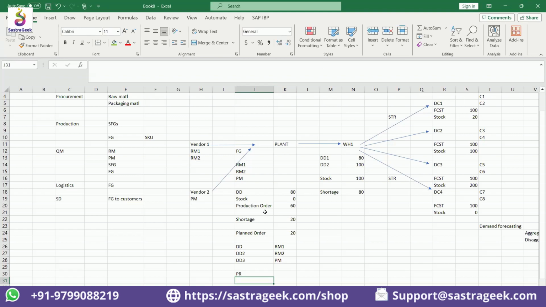This part is in the scope of the supply chain planner. At times, it is also called the supply planner. Most of the time you would find a regional supply planner, because he or she has to plan the entire network. Those roles would also be available in my organization to execute this supply chain planning.